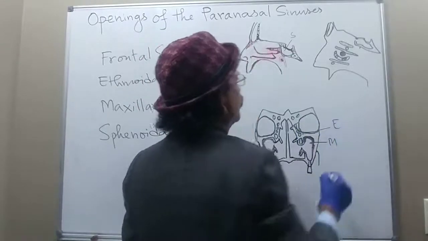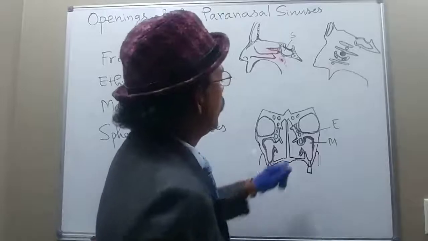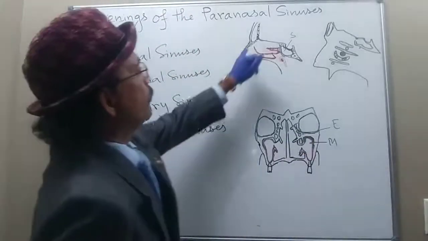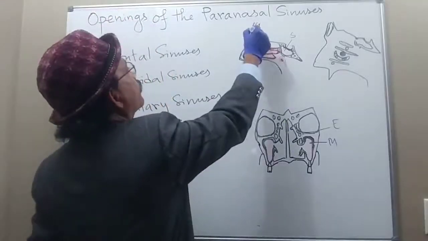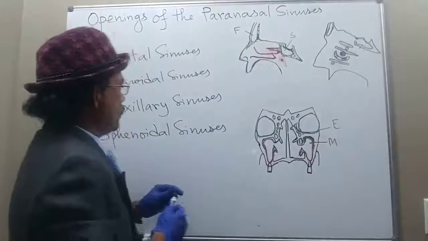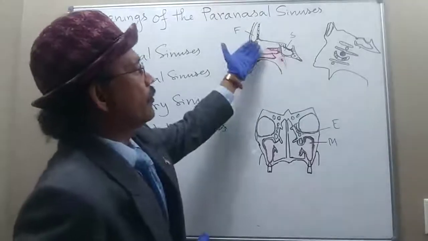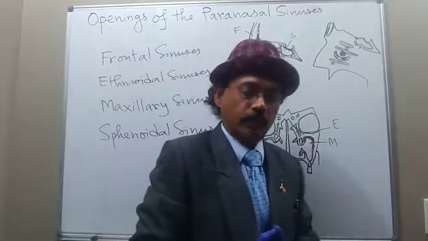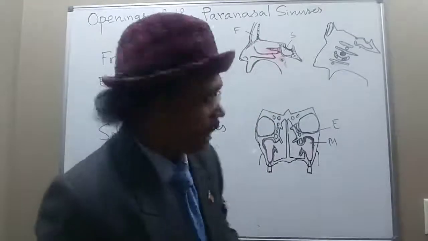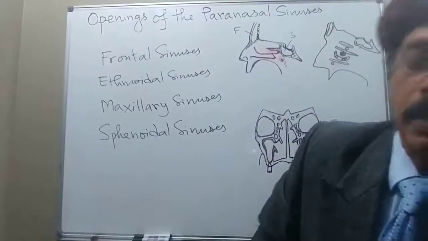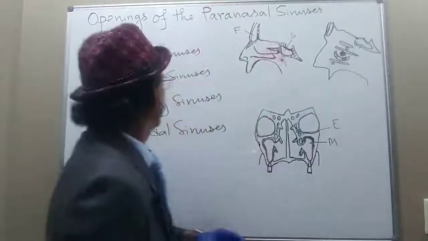So we got the frontal sinus here, and those sinuses are opening into the lateral nasal wall. In the lateral nasal wall, we'll get the concha and the meatuses.